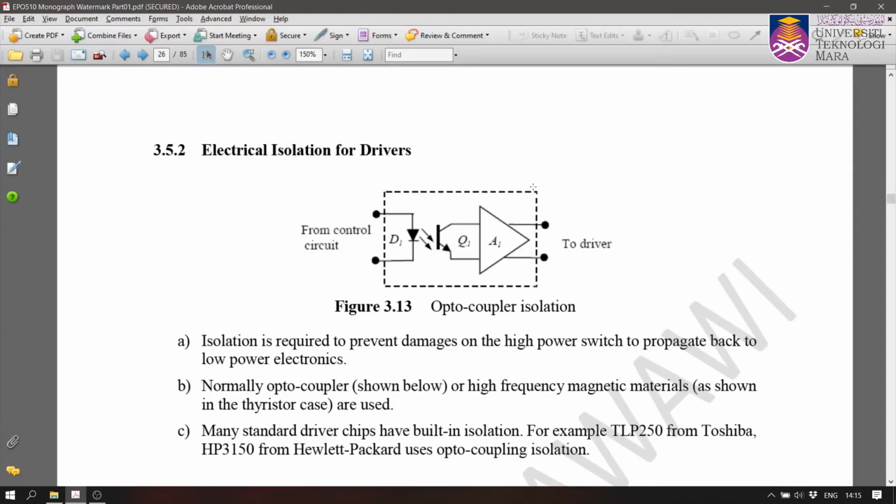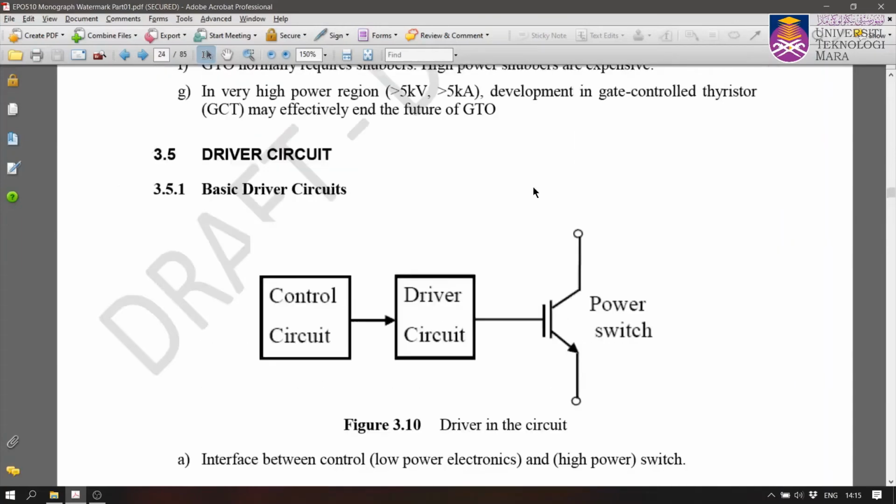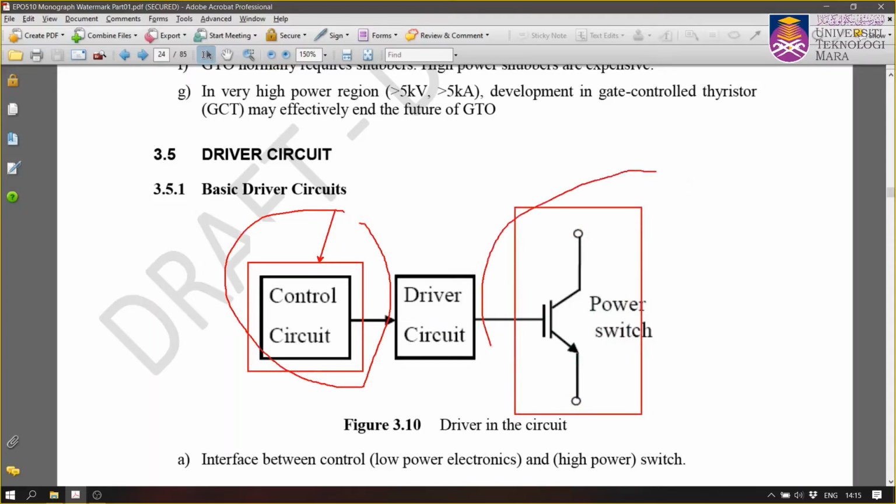We use the optocoupler so that you want to protect the control signals, because if you look at this circuit, you must protect this control circuit, because these are very crucial signals. This actually tells when to turn on. But if you mess up with this control circuit, of course the switches will not turn on and off in the way that we want.